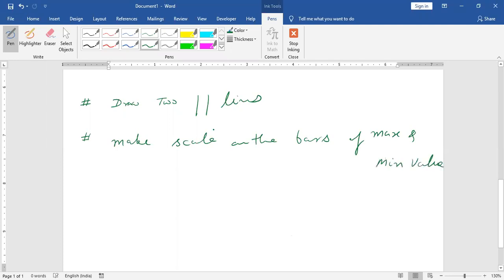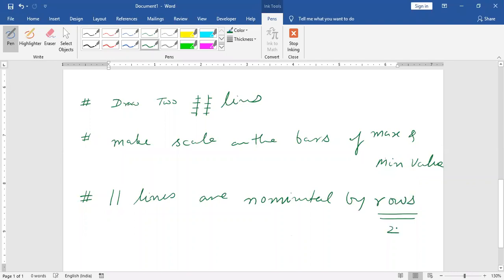The parallel lines are denominated by rows, because we have two rows, that is why.